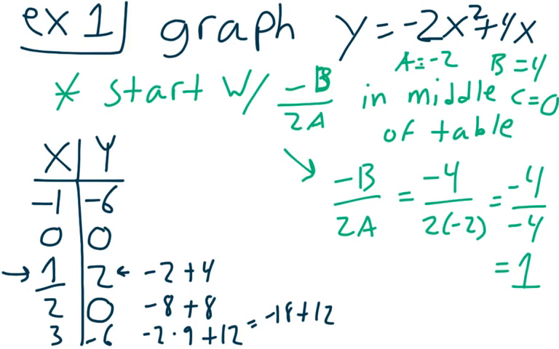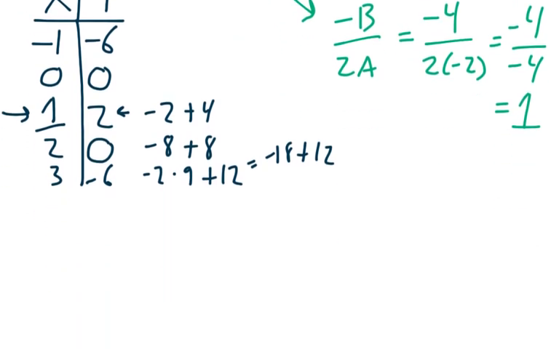So, anyways, let's graph this. I have points 1, 2, 0, 0, 2, 0, 3, negative 6, and negative 1, negative 6. This is a very rough sketch, but I'm kind of showing you what it looks like.